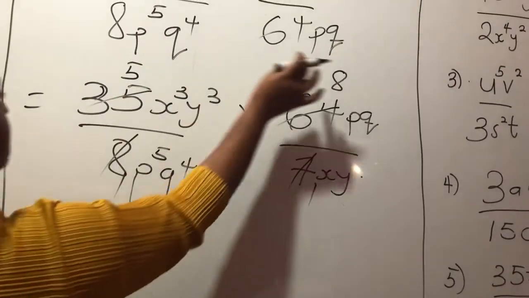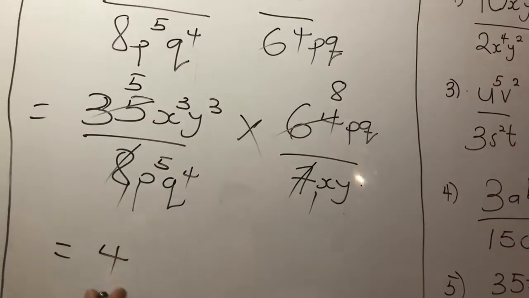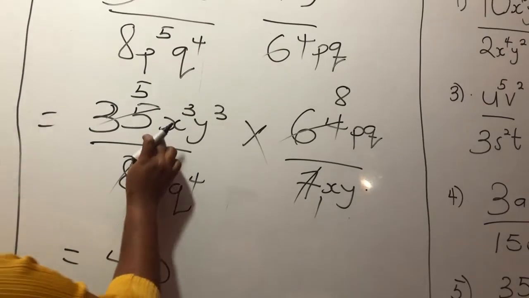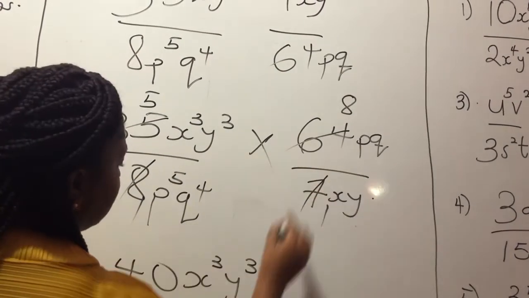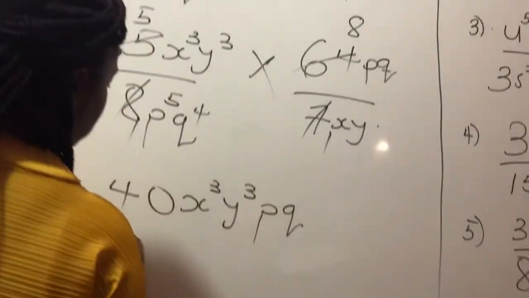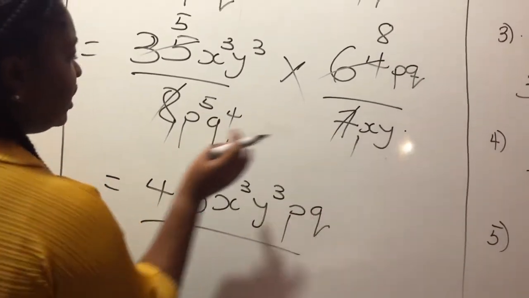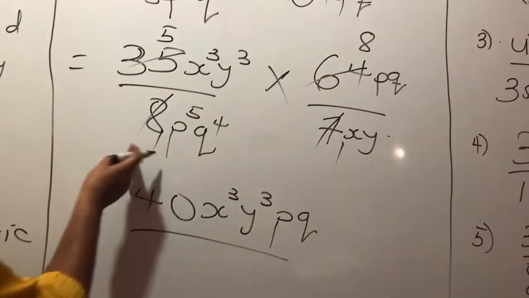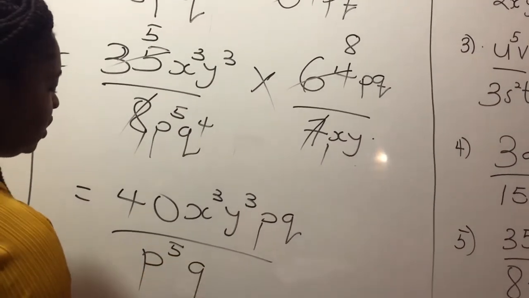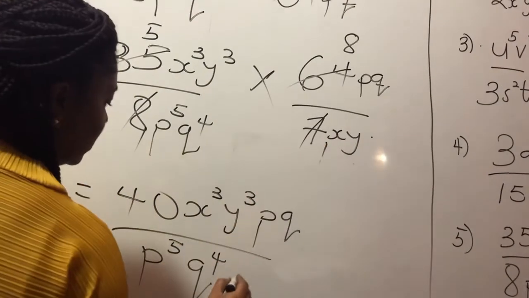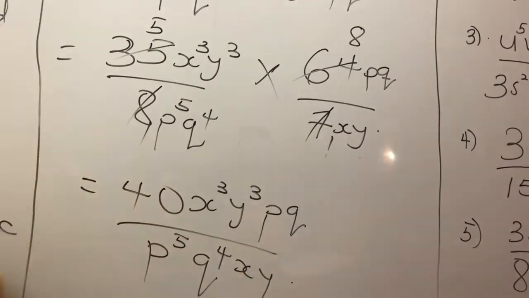We have 8 times 5 is what? 40. Then we have what? Our x cubed, y cubed, don't forget, p cubed, all over what? Do we have any coefficients here? No, it's just 1 because they all cancelled out. So we have p to the power 5, q to the power 4, and we have what? x and y.